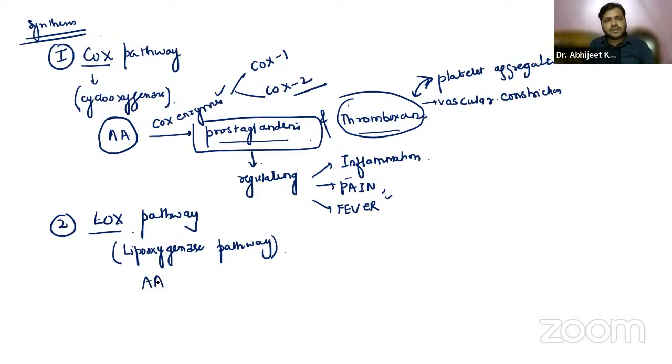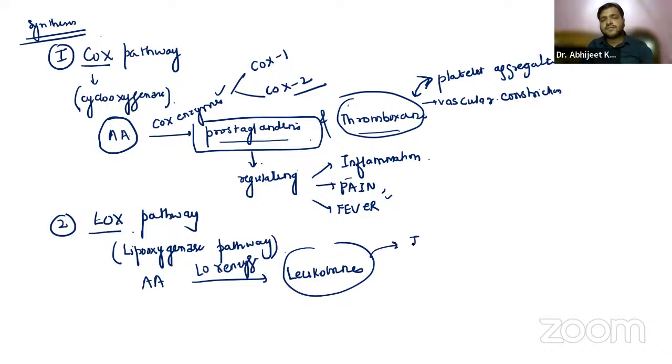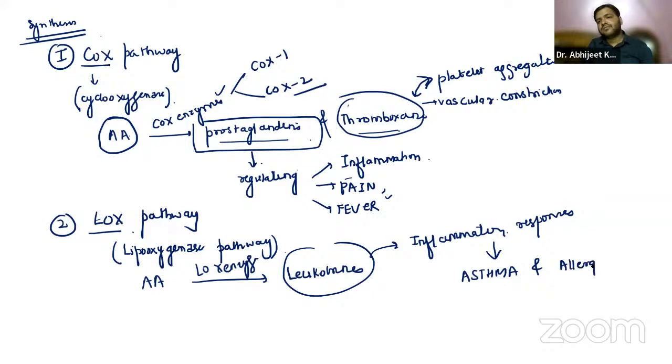Now, this arachidonic acid can also be converted into leukotrienes by the LOX enzymes, right? Now, leukotrienes are important mediators of the inflammatory response, right? You already know they are particularly involved in asthma and allergic reactions.